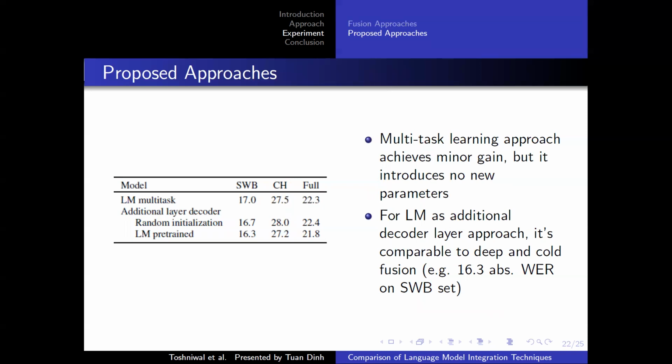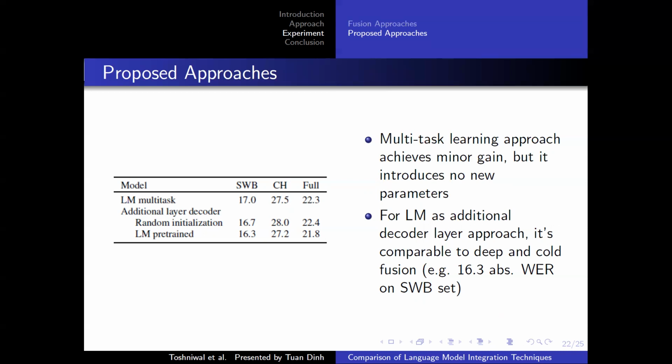In this slide, we present the performance of the two proposed methods. The first one is the multitask learning approach. This approach achieves 17.0 absolute word error rate on Switchboard and 27.5 on CallHome, which yields minor gain over the baseline LAS model.